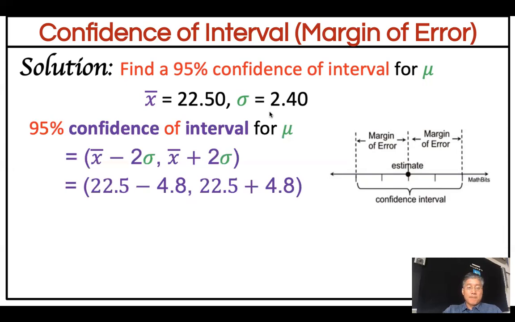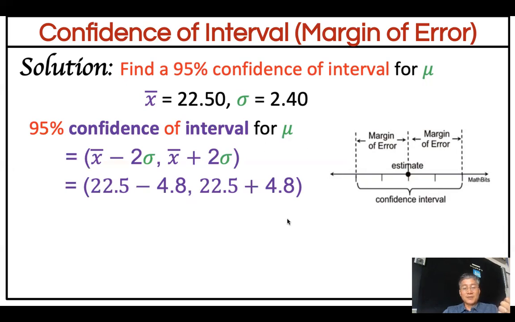But today, a problem will give you the sample mean and the sample standard deviation. When we have sample data and put it into the calculator, we know how to get the sample mean and sample standard deviation, right?